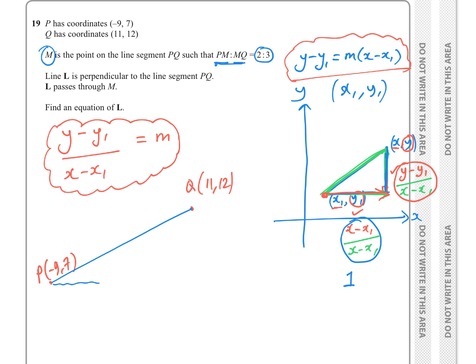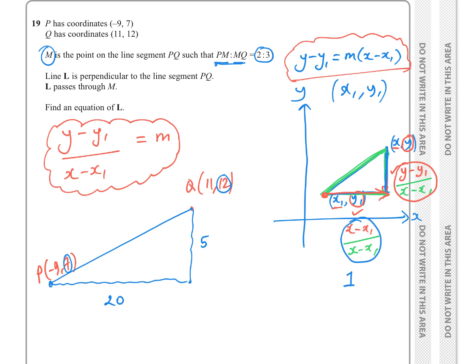So if I draw a triangle again here, from -9 to 11 on the x is a distance of 20, and from 7 to 12 on the y is going up by 5.